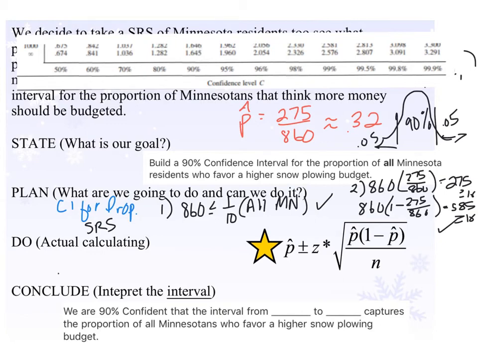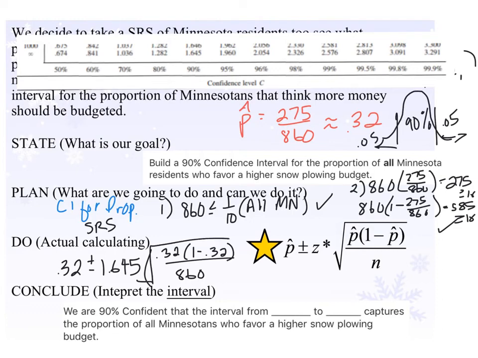So let's just start calculating here. We've got a p-hat of 0.32 plus or minus 1.645 multiplied by the square root of 0.32 times 1 minus 0.32 over 860. And we could calculate that.